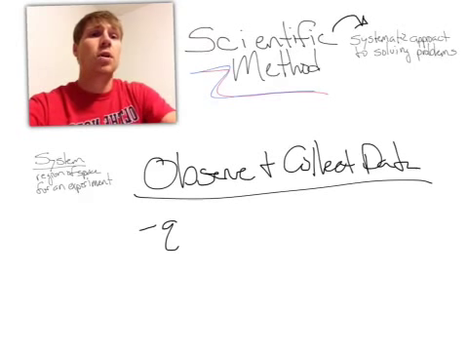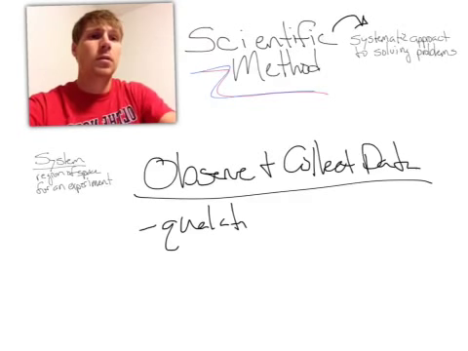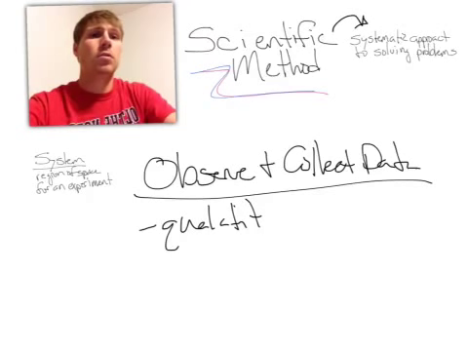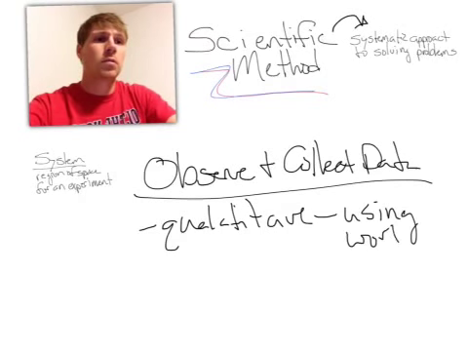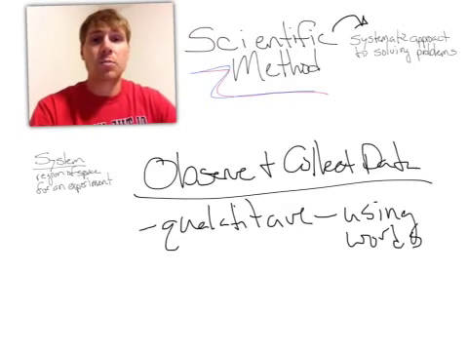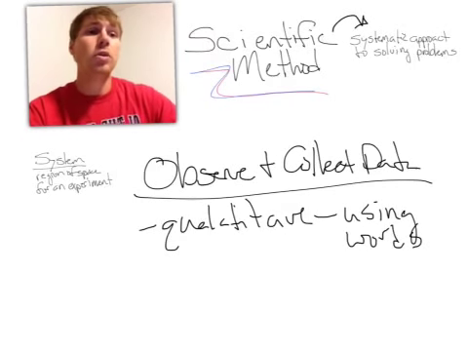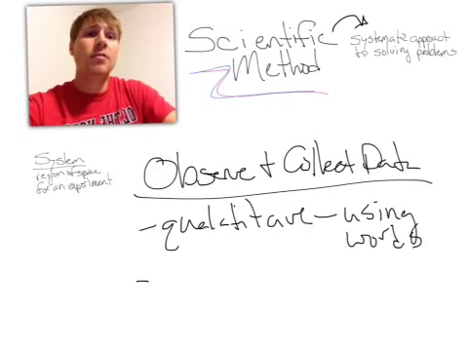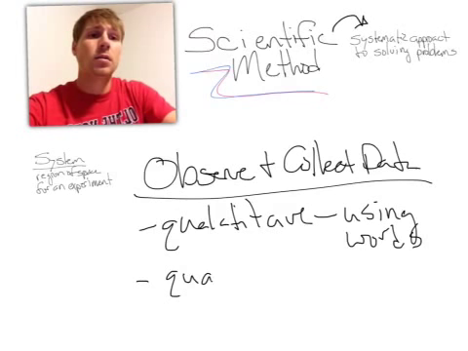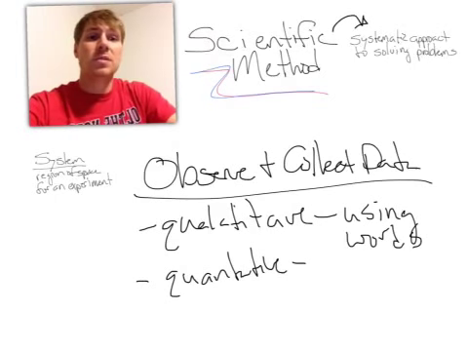The first is qualitative, which is just going to be using words. So examples of that, we could say the liquid turned blue, or it bubbled. And then the other one that we have is what we call quantitative. So quantitative meaning quantity, and those are going to be using specific measurements.